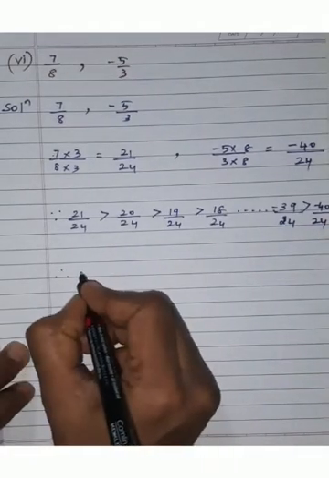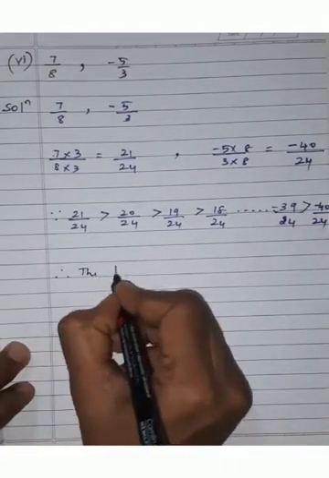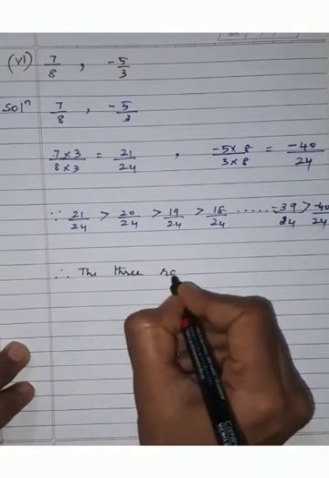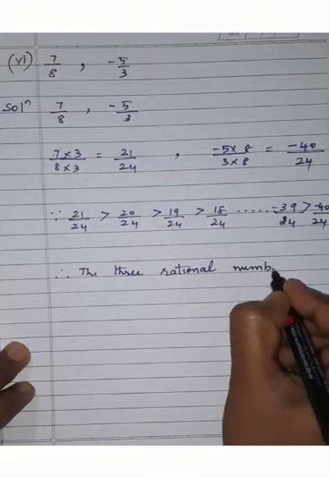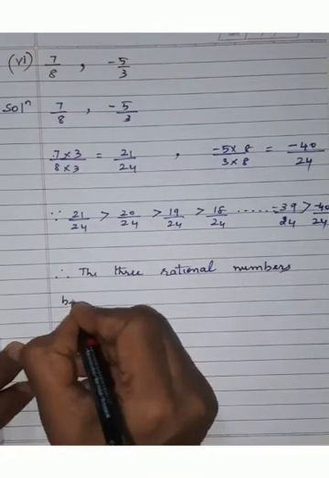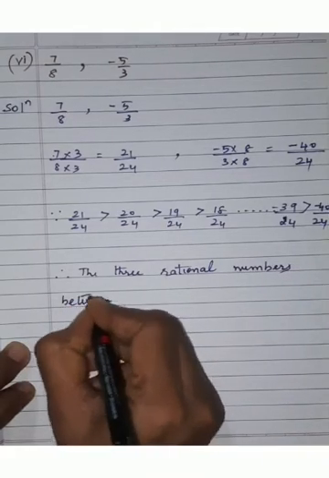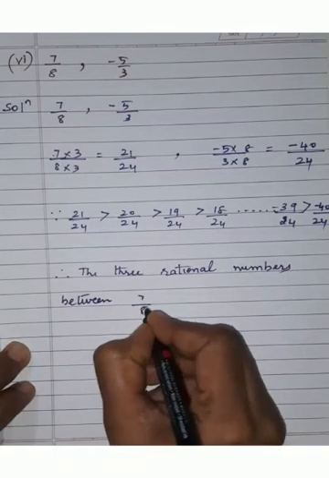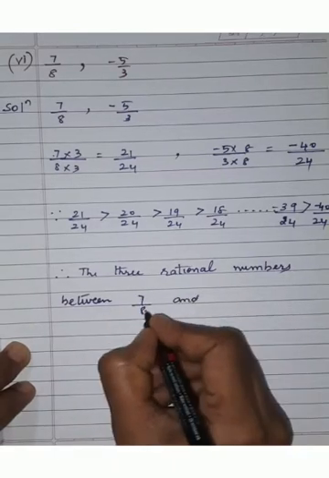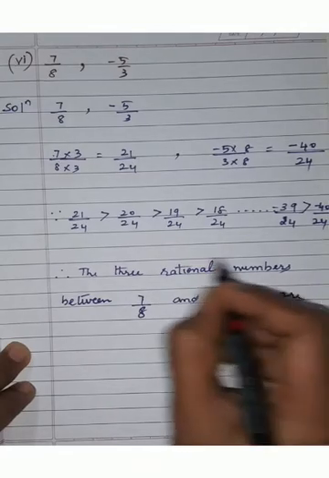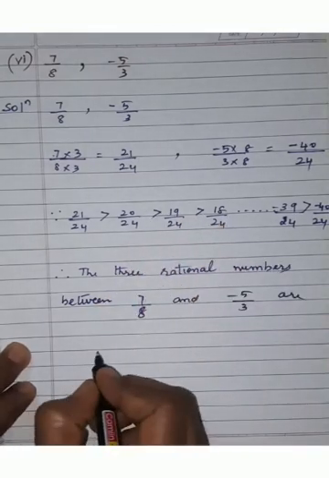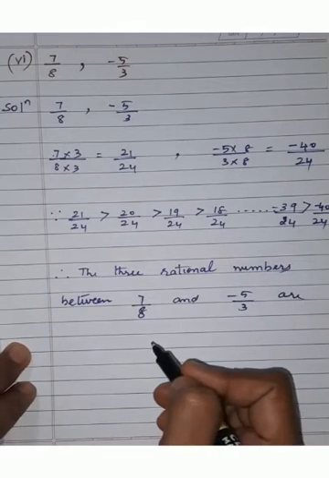We will be writing, therefore, the three rational numbers between 7 upon 8 and minus 5 upon 3 are, choose any number children, it is not necessary that my answers and your answers are the same.